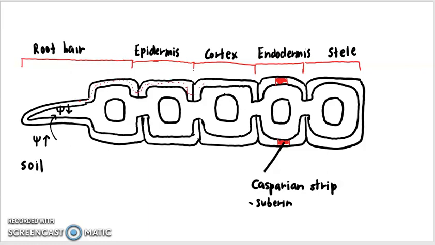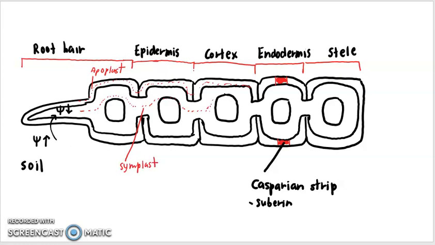It moves through the cell wall, and this is the apoplast. Then the second, the symplastic pathway, where water moves through the cytoplasm of adjacent cells through plasmodesmata. Right here is the plasmodesmata, so this is the symplastic pathway.